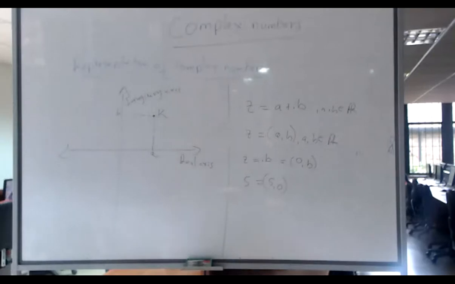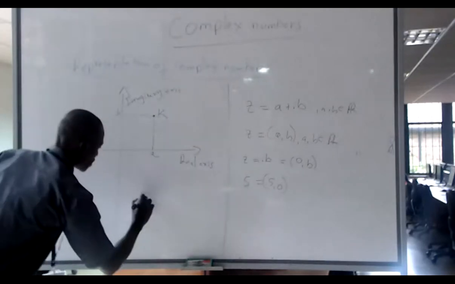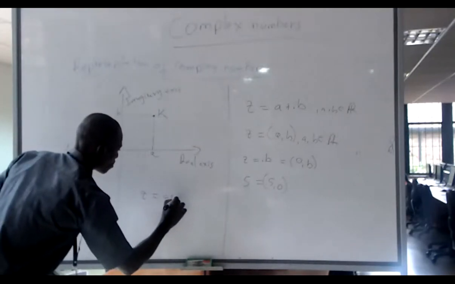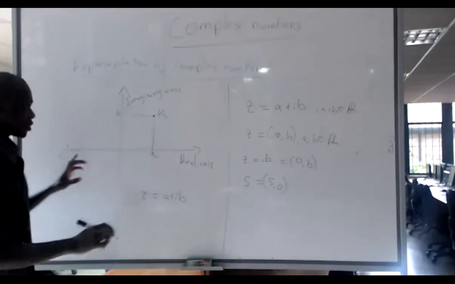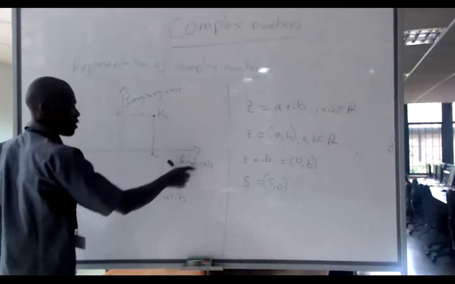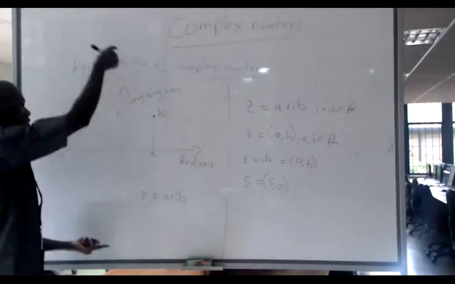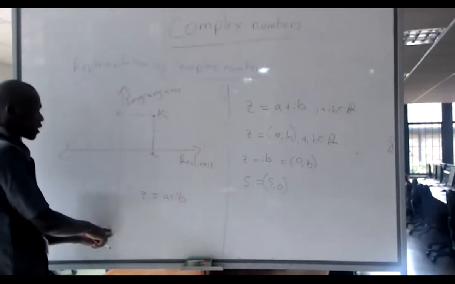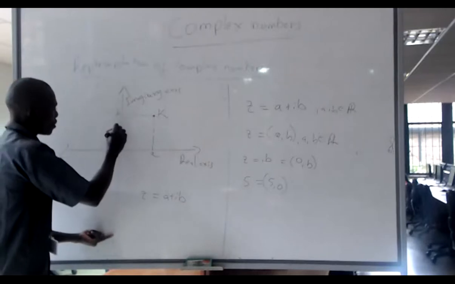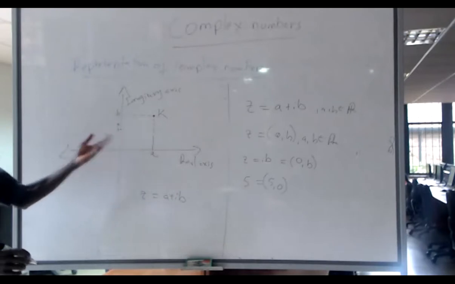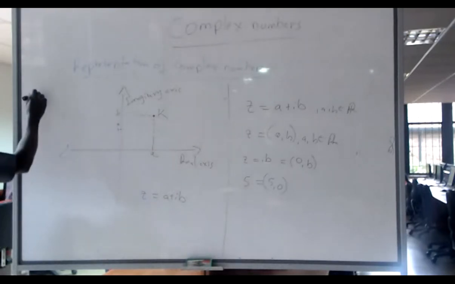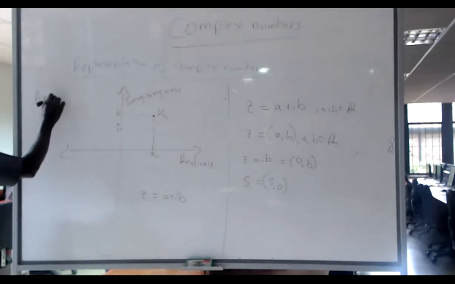So my complex number is z equals a plus ib. The real part of this complex number is a. As you can see, on the horizontal axis I have real numbers, and on the vertical axis we have imaginary numbers. So after 1, you'll have some i there. And this is normally called the Argand diagram.